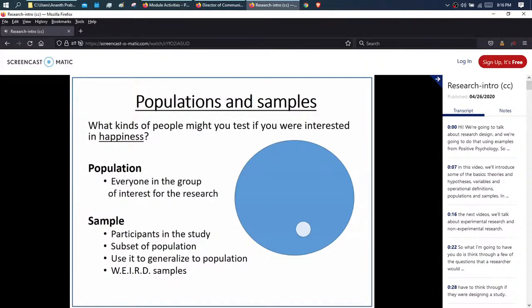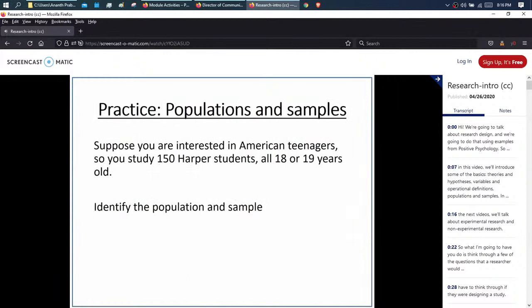There are always limits to a sample. No sample is perfect. So what's important is to know the general limitations. So for example, suppose you're interested in American teenagers, so you study 150 Harper students, all 18 or 19 years old. The population is American teenagers.